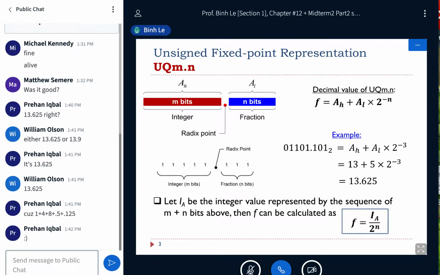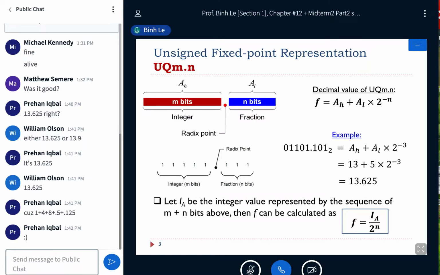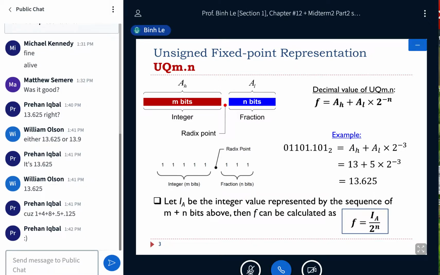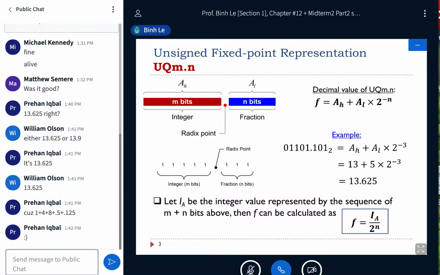Okay, so let's see. Wow, it seems to me that many of you answered the last question correctly. Wonderful, thank you. So now I just modify a little bit. The same binary number, but I actually implicitly use the format UQ4.4.